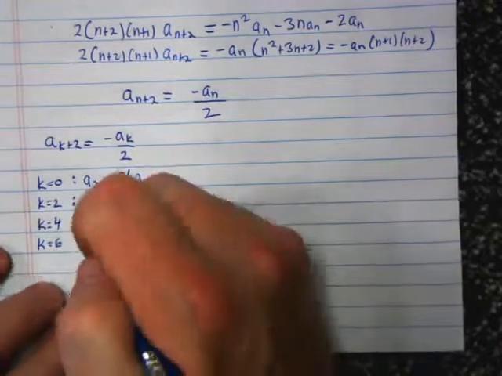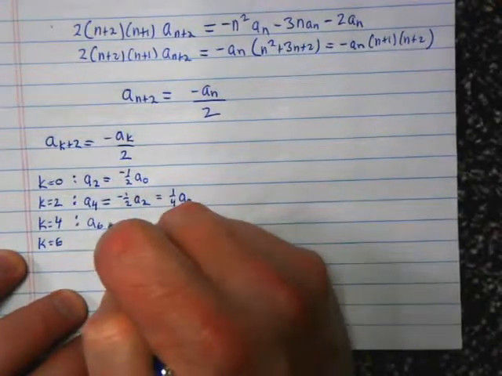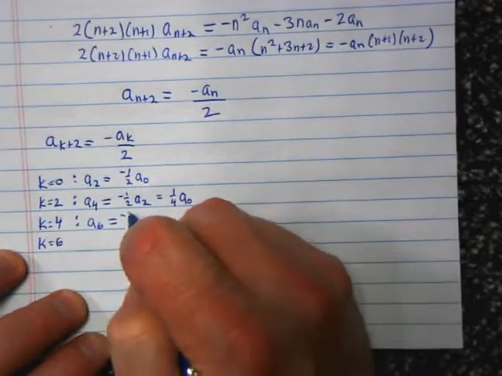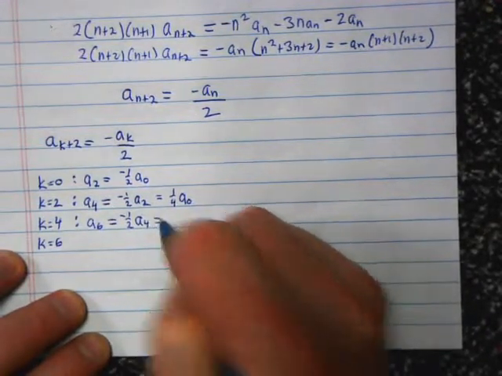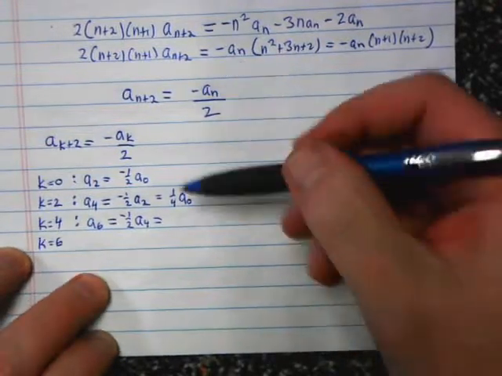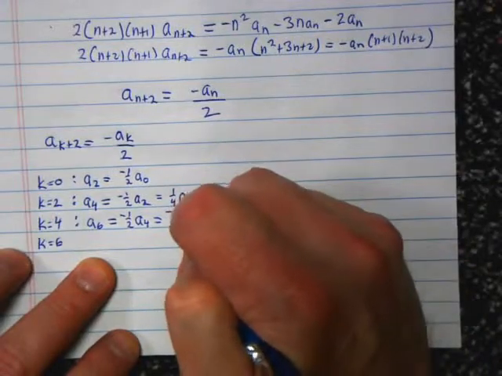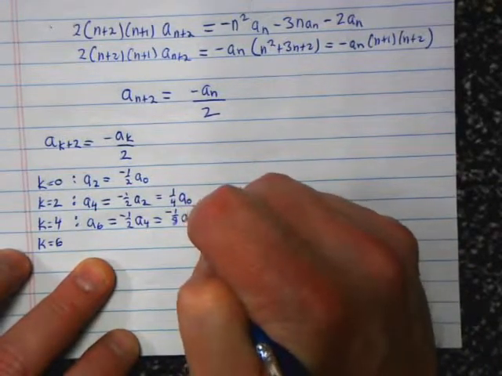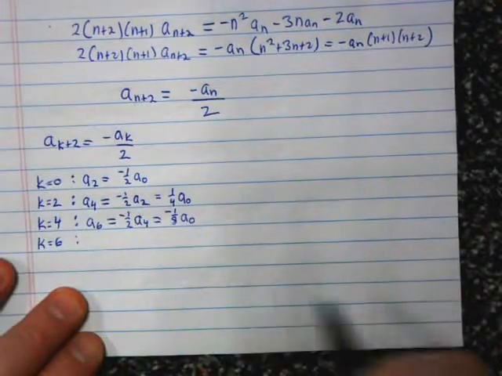Plug in 4. When I plug in 4, I get a sub 6 is negative 1/2 a sub 4. But then when I take a sub 4 and plug in 1/4 a sub 0, I get negative 1/8 a sub 0. So I think we're seeing a pattern here.